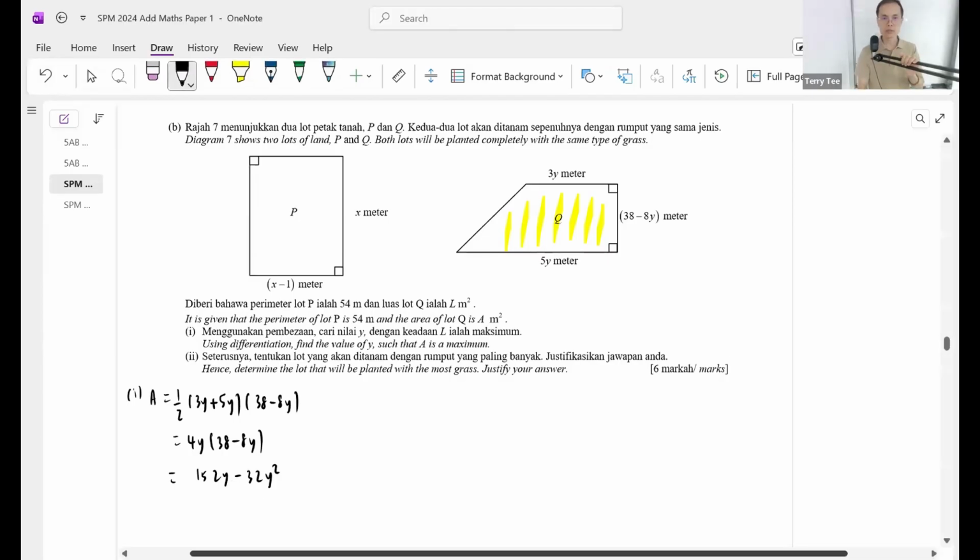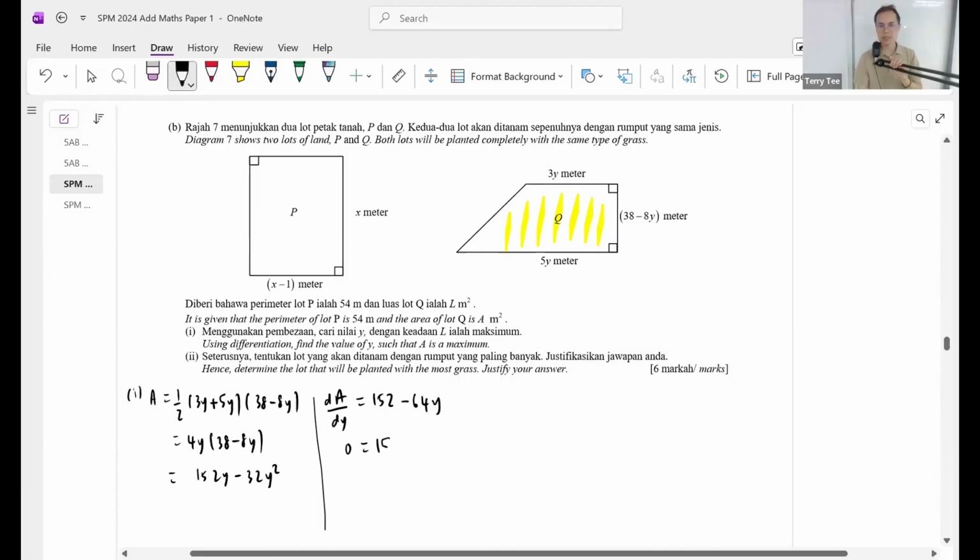Next, what we need to do is differentiate A, dA/dy, because you need to find the value of y such that A is maximum. When you differentiate this, you get 152, the y disappears, and 32 times 2 gives us 64y. Remember, minimum or maximum happens when dA/dy, in this case not dy/dx, is 0.